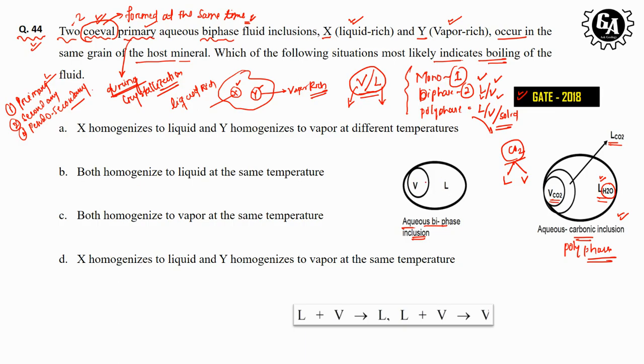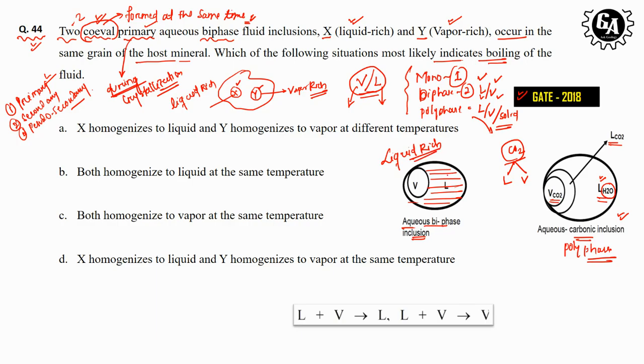This is an aqueous biphase inclusion, where vapor and liquid are the two phases present. So what is vapor rich and liquid rich? You can see a lot of liquid is present in this biphase inclusion, so we call it liquid rich.